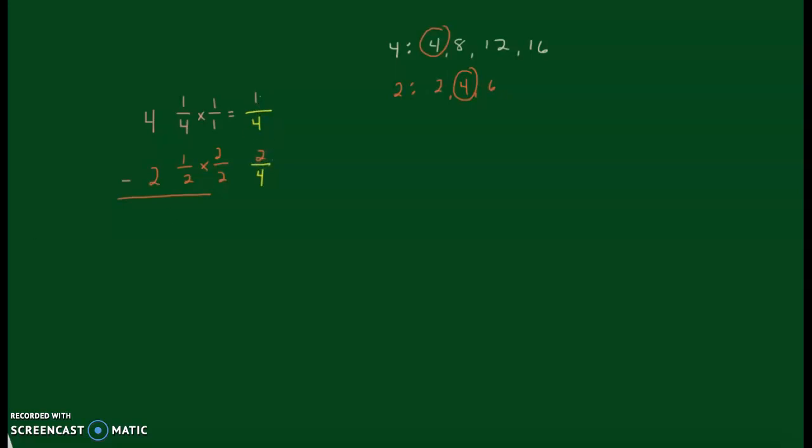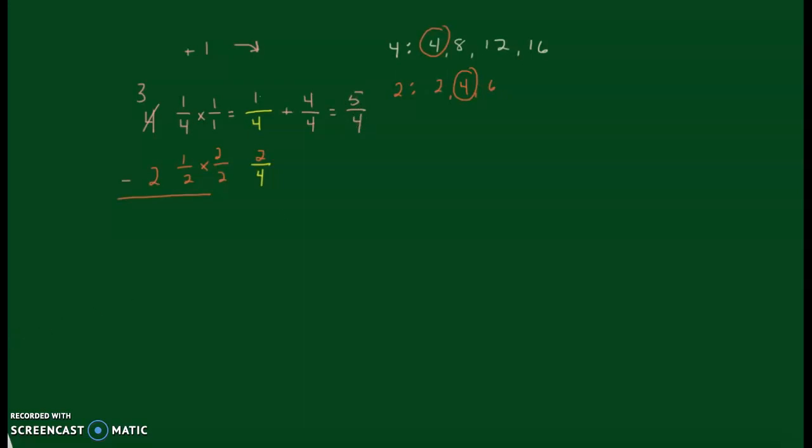So I need to use 1 from my whole numbers. I'm going to add 1 to this side, again in the form of a fraction. So that's going to be plus 4/4, because 4/4 is 1. 1/4 plus 4/4 is 5/4.